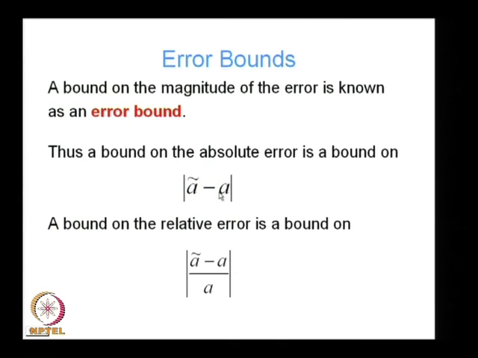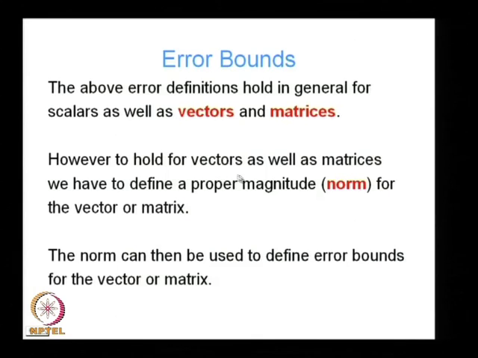A is assumed to be a scalar, but we are now saying that A can as well be a vector or a matrix, provided we can calculate a value for the magnitude of the vector or the matrix, or we can calculate a value of the norm of the vector or the matrix. Once we can calculate the value of the magnitude or the norm of the vector or matrix, we can use that norm to define error bounds for the vector or the matrix.